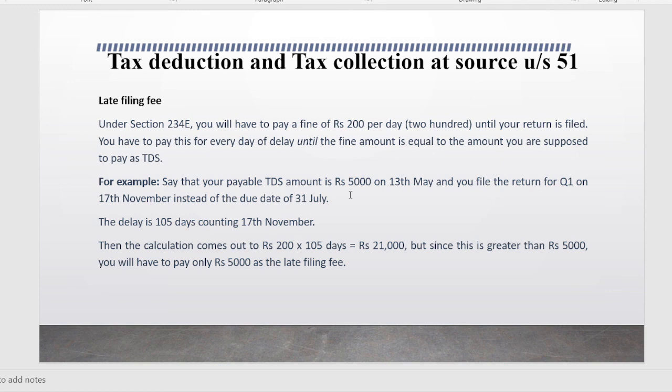So the penalty is 200 rupees per day, so 200 into 105, it will come to 21,000, but the maximum fine limit under this section is 5,000 rupees. So your late filing fee will be maximum rupees 5,000.